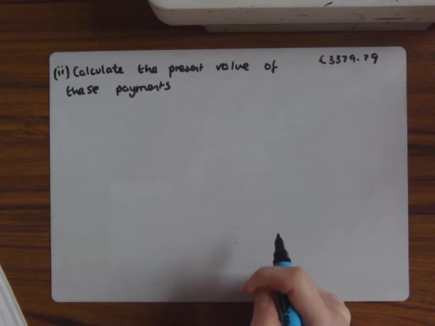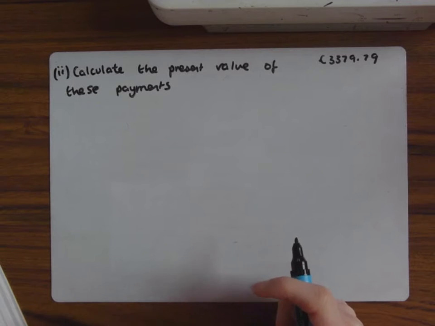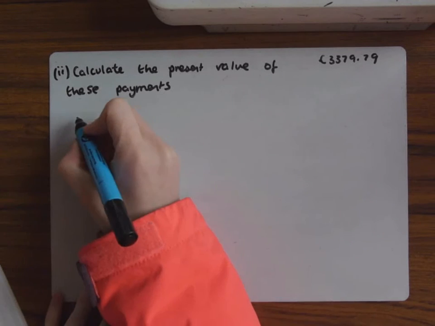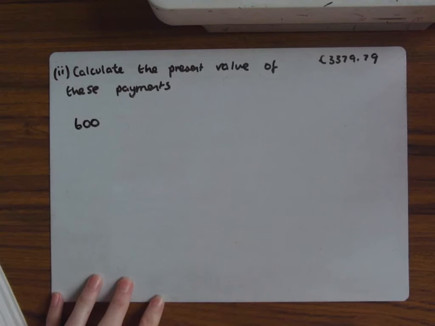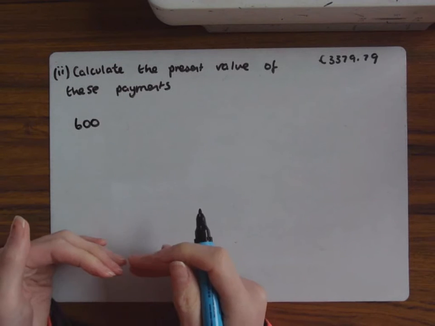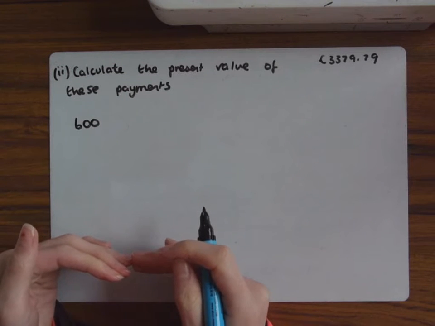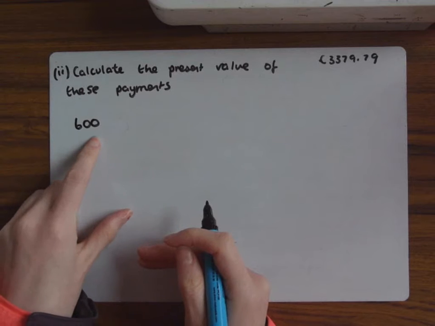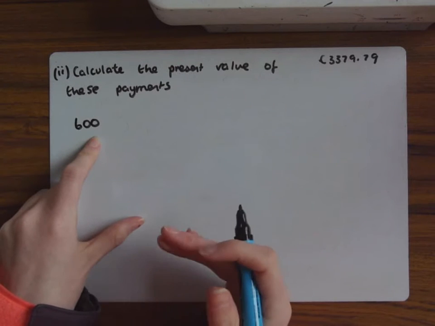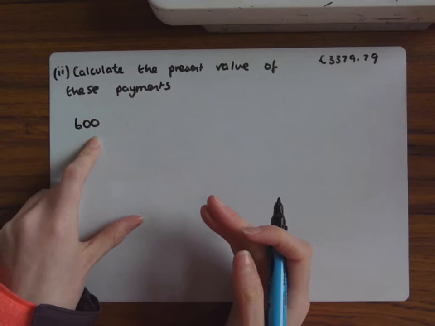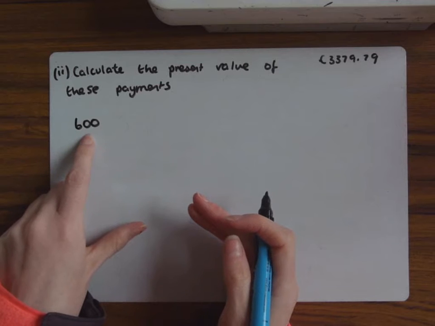Now, the important thing is I'm saving it at the start of the year. So the present value of the first 600 that I save is just 600. I'm saving it at the start of the year, so the present value of that 600 is just 600, because it hasn't earned any interest yet. That's important. This is where it changes slightly.